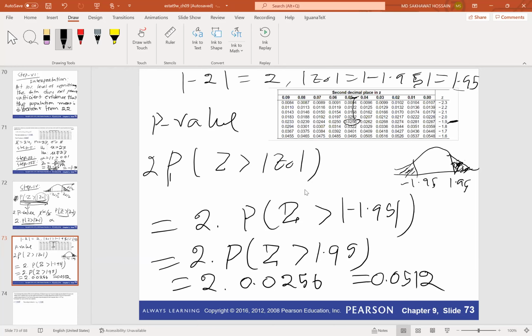Does that answer your question, or was your question why we considered the absolute value of Z0? Yeah, for two-tailed test. Okay, very good question. Let me explain it again.